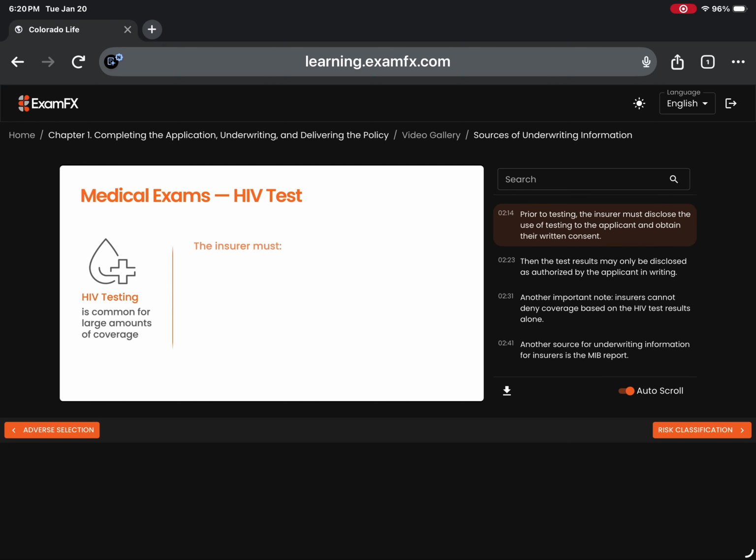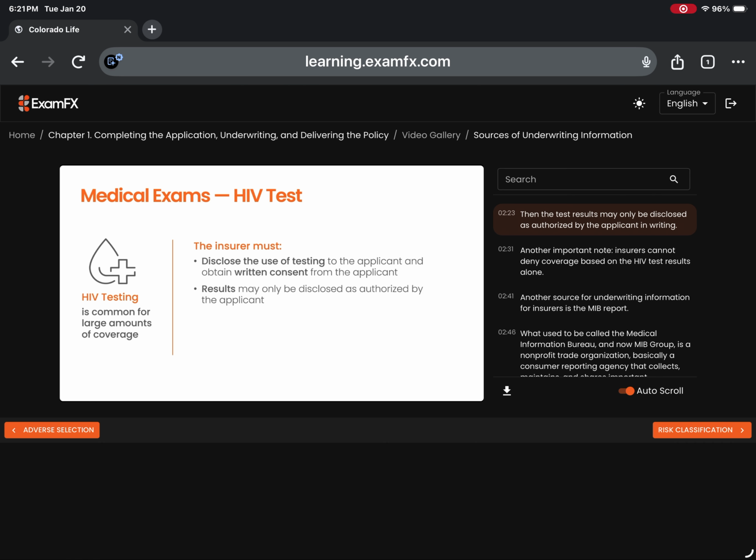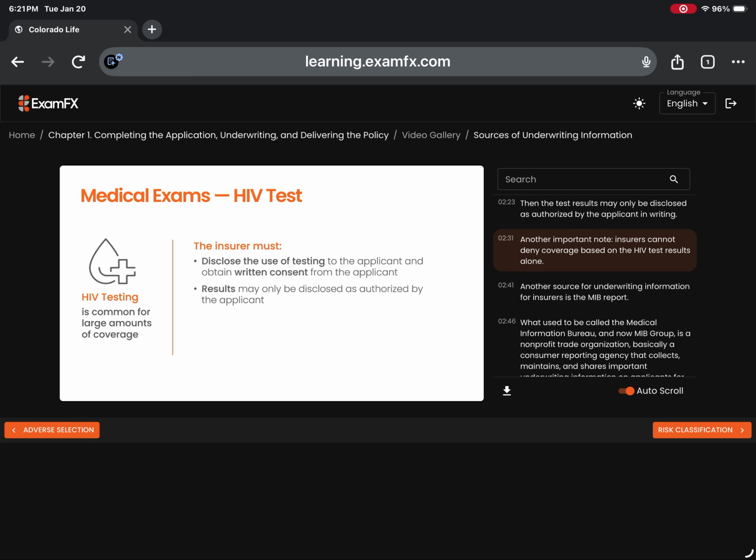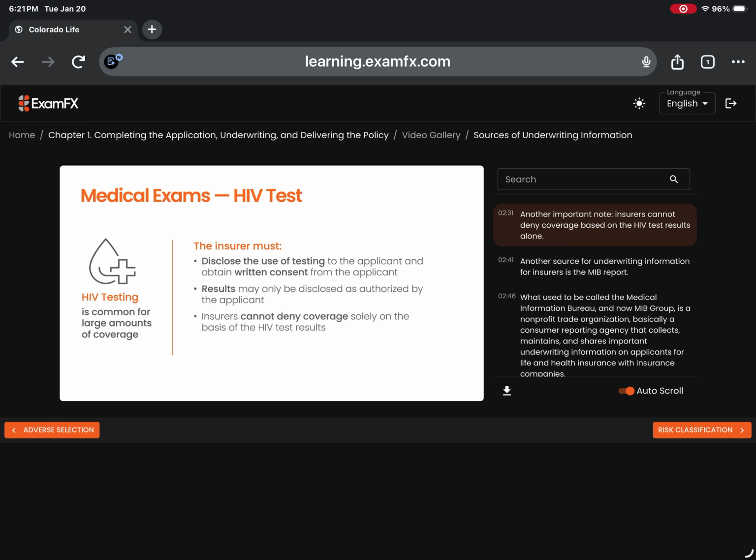Prior to testing, the insurer must disclose the use of testing to the applicant and obtain their written consent. Then, the test results may only be disclosed as authorized by the applicant in writing. Another important note, insurers cannot deny coverage based on the HIV test results alone.